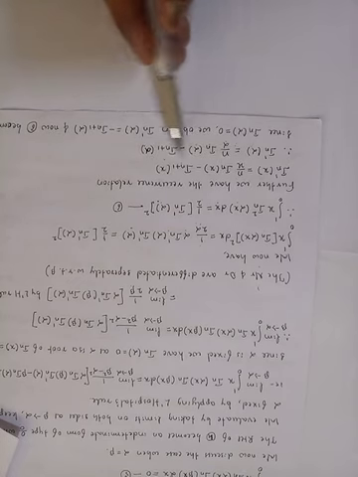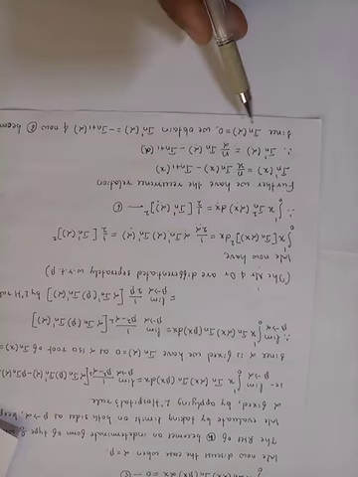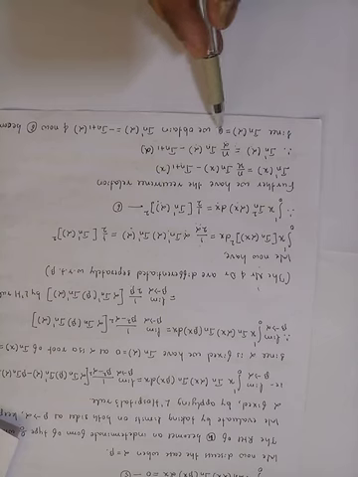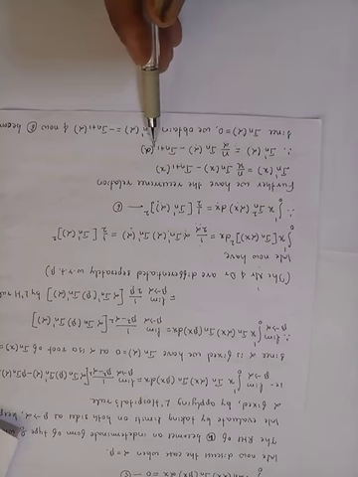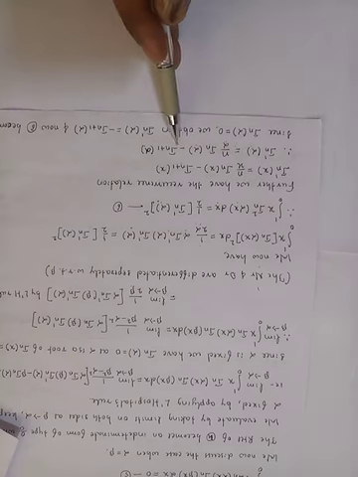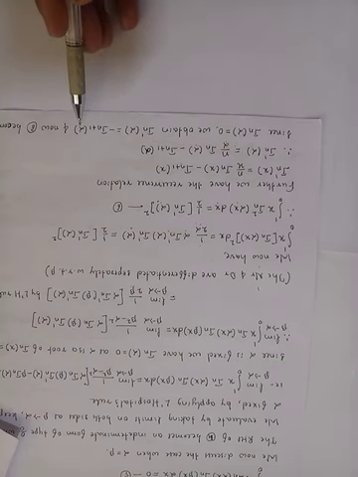From this recurrence relation, putting x equal to alpha, since Jn of alpha equals 0 because alpha is a root of Jn of x equal to 0, we get Jn dash of alpha equal to minus Jn plus 1 of alpha.